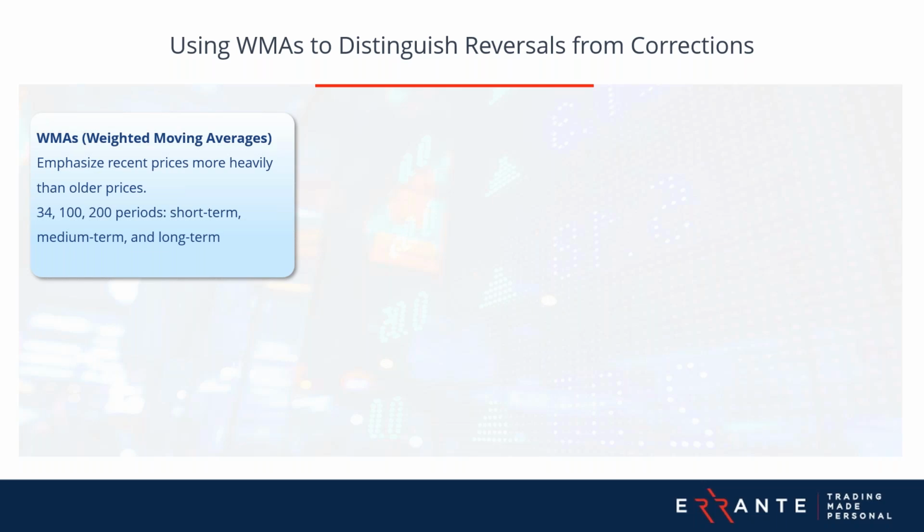Today, we're focusing on weighted moving averages, or WMAs, which most of you might know, and which is my favorite moving average to use, particularly the 34, 100, and 200 periods, to distinguish between market reversals and short-lived corrections. WMAs are unique in that they place more emphasis on recent prices, making them particularly sensitive to changes in market sentiment and price movements. This characteristic is key in spotting potential reversals early.